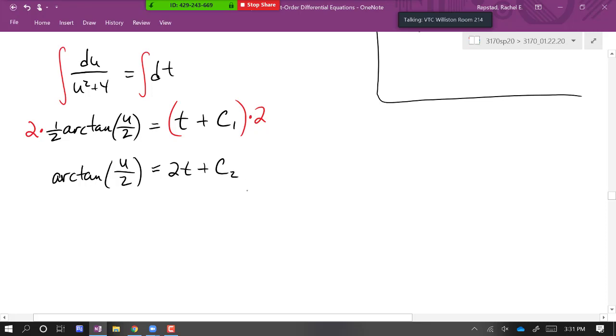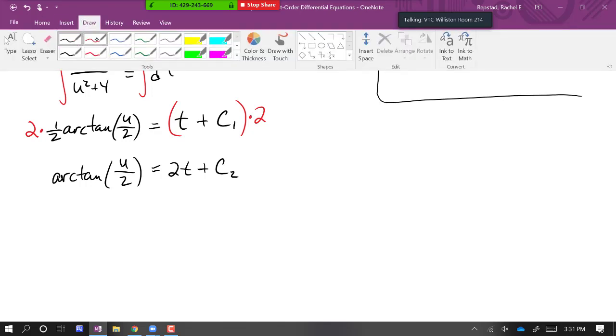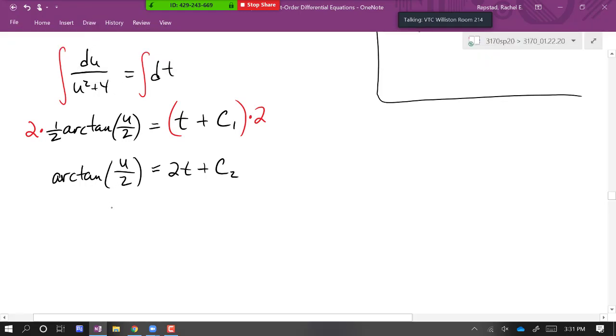Now if arctan of u over 2 is equal to 2t plus C2, how do I extract u from that? Tan on both sides? Yeah.